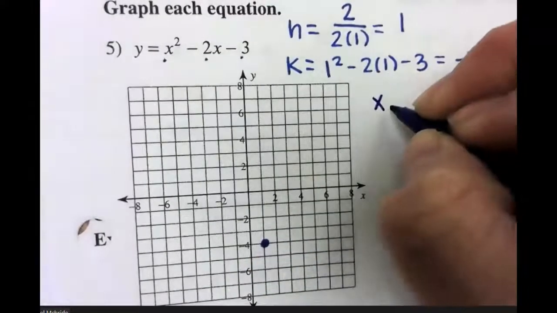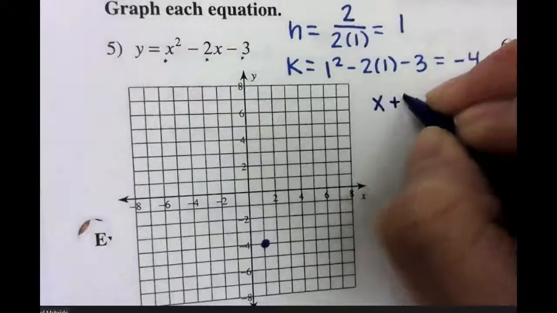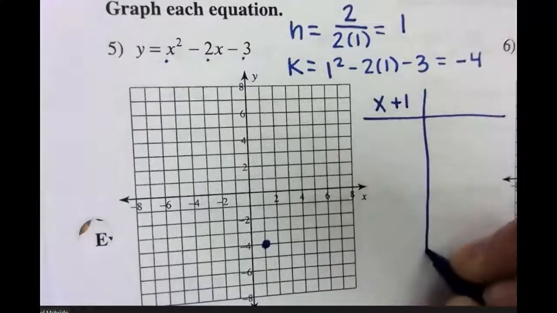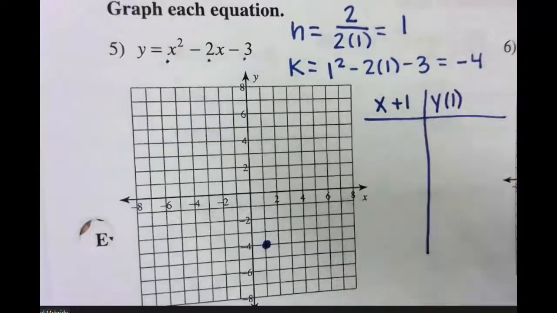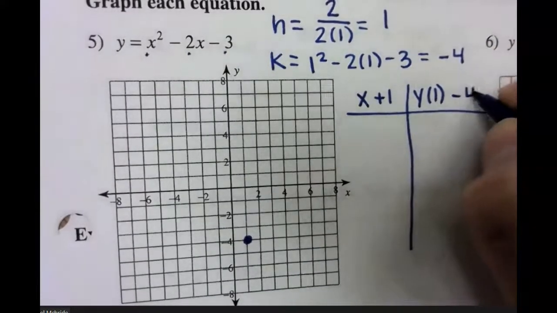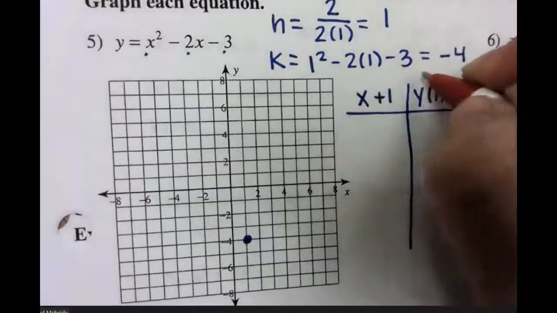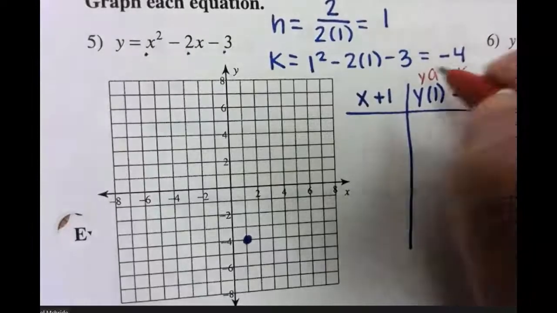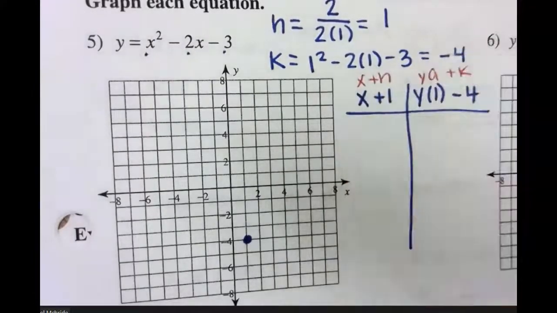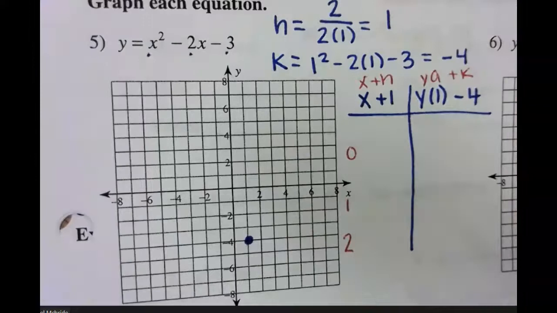To get the remaining points, you add your h value. So in this case, it's 1. You multiply by your a value, which is also 1. And then you add or subtract your k, which is negative 4. That is y equals a times x squared plus k, and x plus h. The x always goes 0, 1, 2.